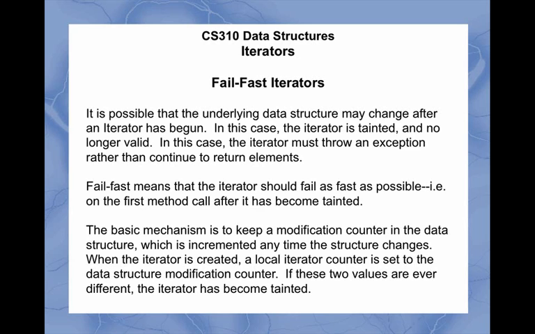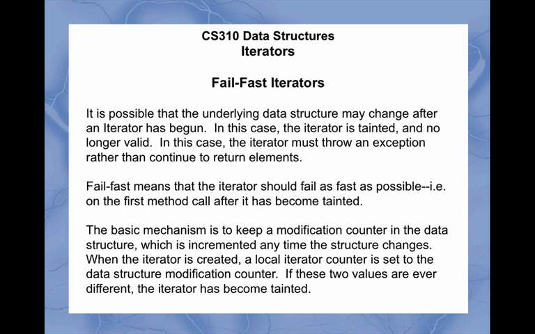If someone comes along and edits or removes an element from the data structure or adds another one to it, then the iterator becomes tainted, and in that case you should throw an exception. Fail fast means that the iterator should fail as quickly as possible. That is, the first call to the iterator after it becomes tainted should result in an exception being thrown.